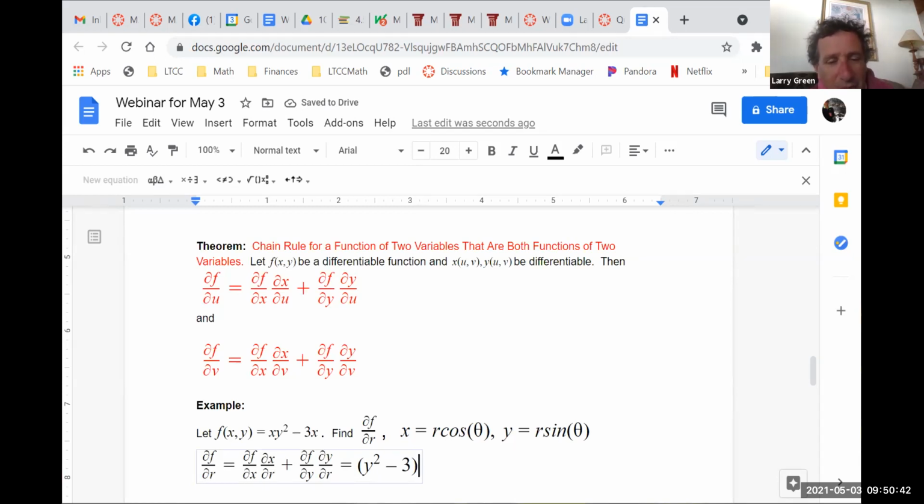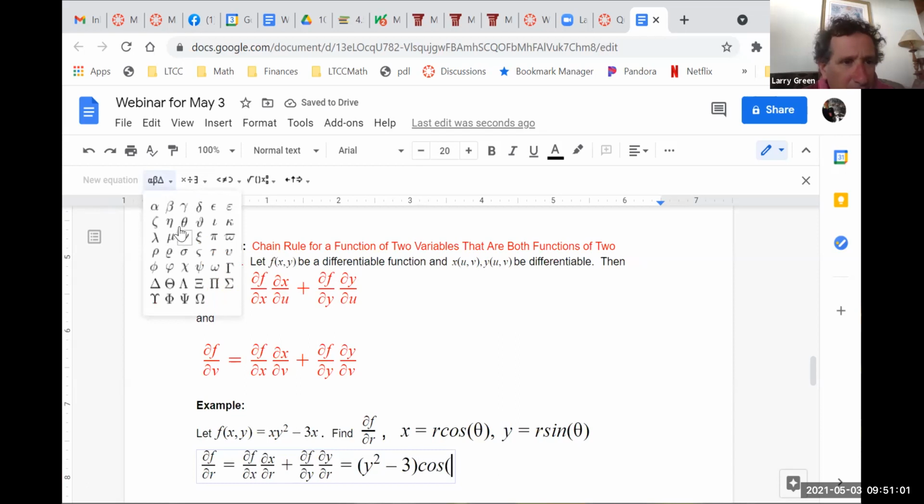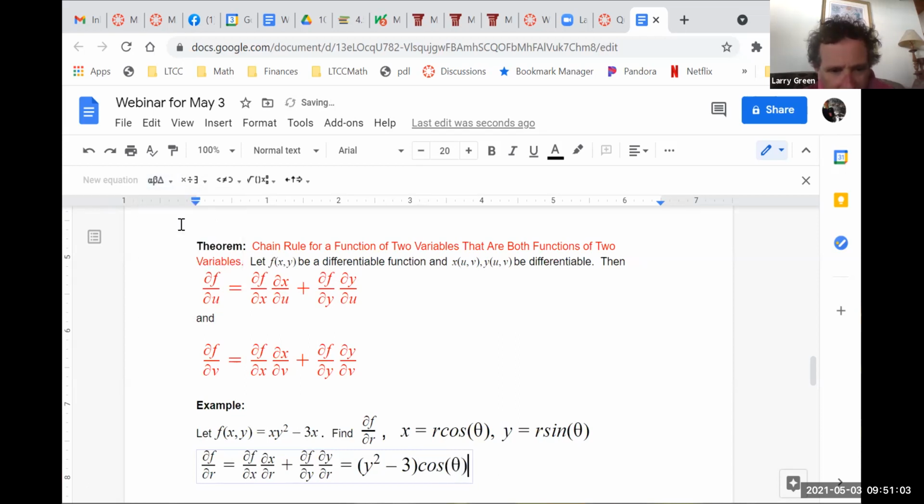So now I need to multiply this by del x del r. What's del x del r? Yeah, it's cosine of theta. Then I go plus. Now I want del f del y.